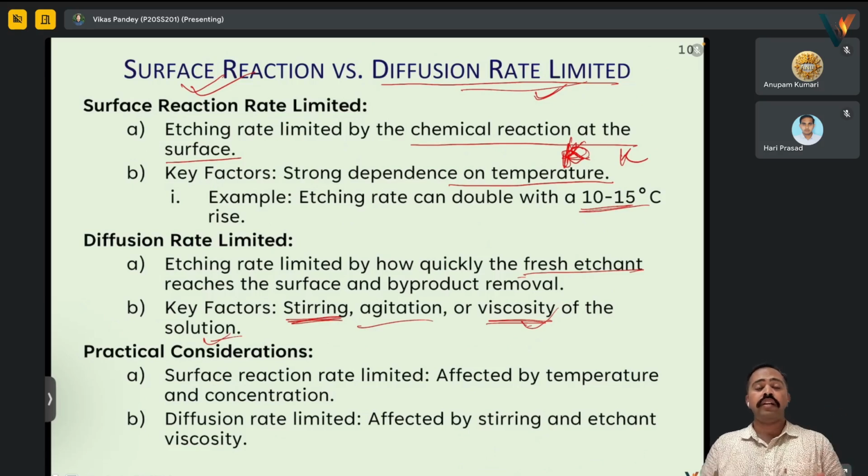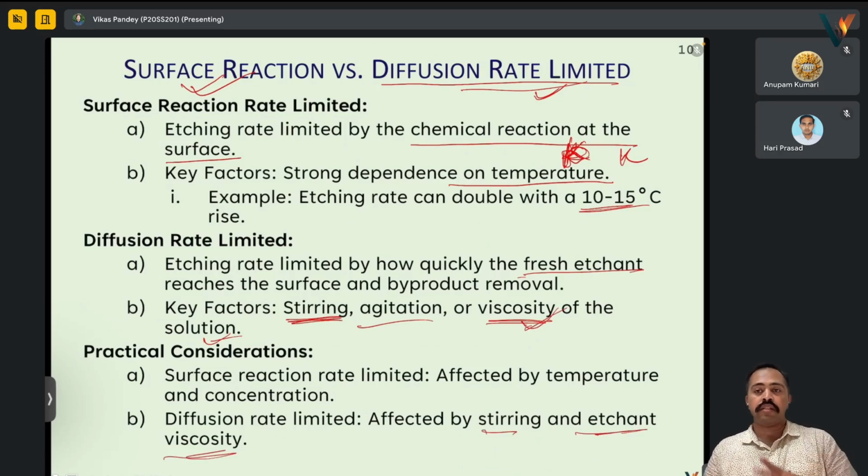So when the reaction starts, say you have dipped your wafer into a fresh etchant, it will be surface reaction rate limited, because at that time everything is fresh, all the chemical is unreacted. That part will be affected by temperature and concentration. Then after some time, if the process is taking place, it will become diffusion rate limited, and this is affected by stirring and etchant viscosity.